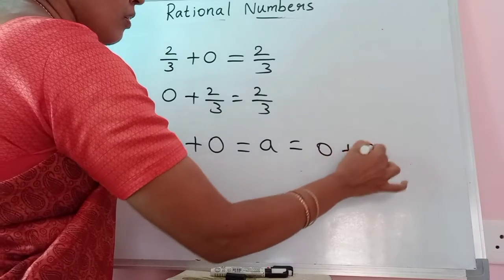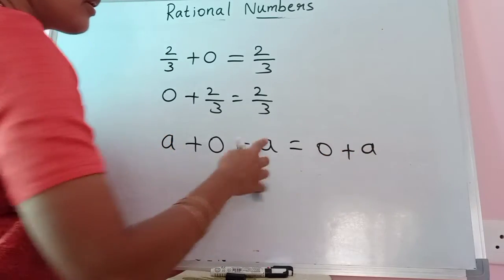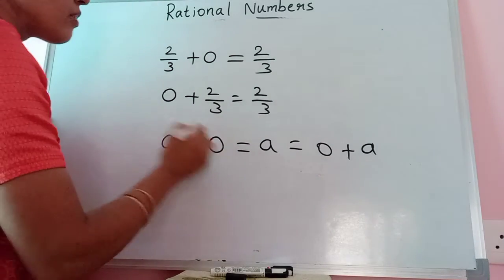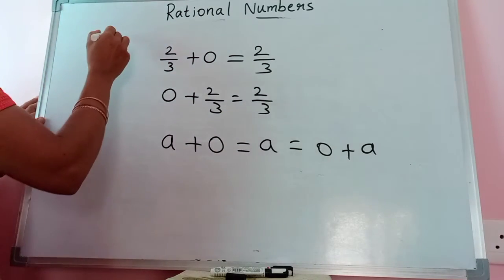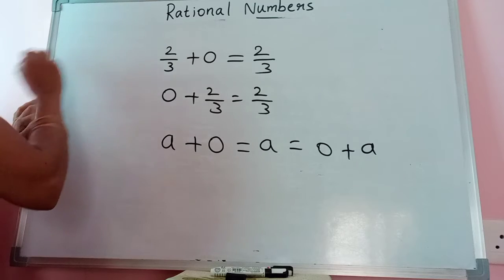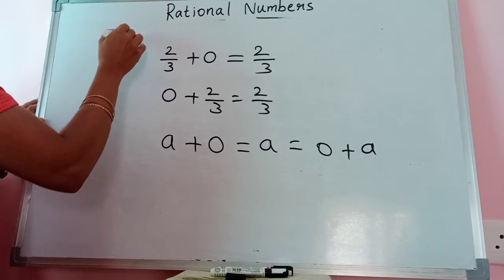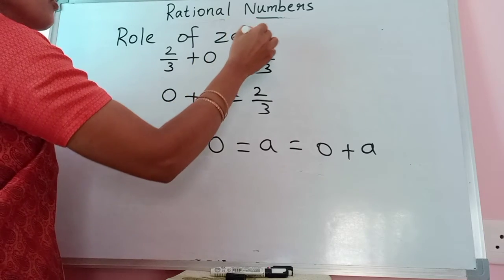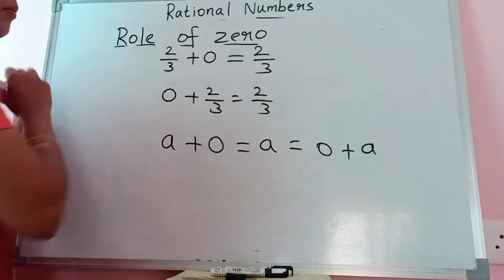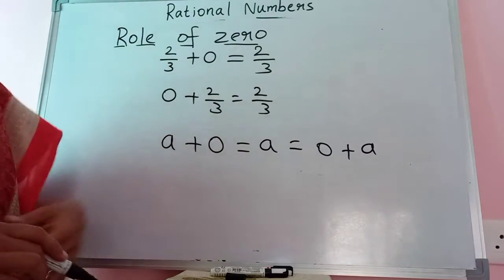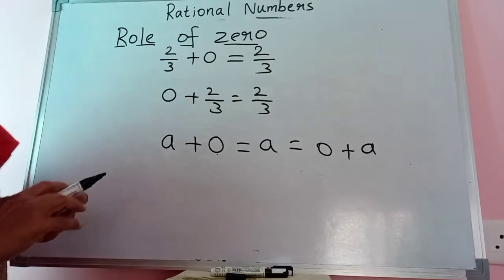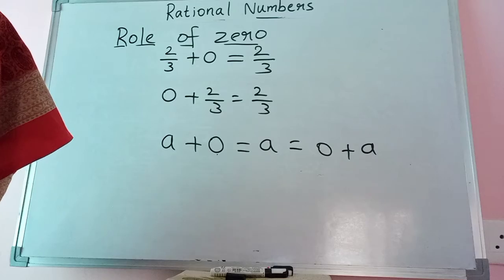Therefore we call 0 the additive identity element. This is the role of 0.